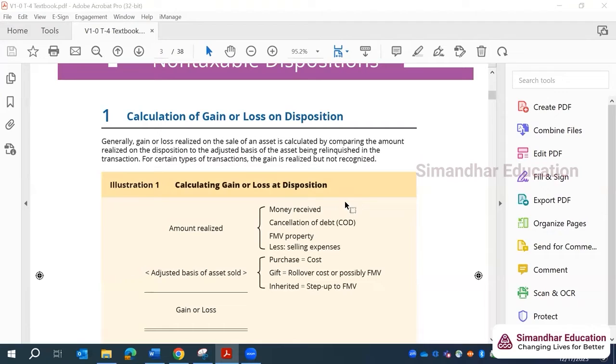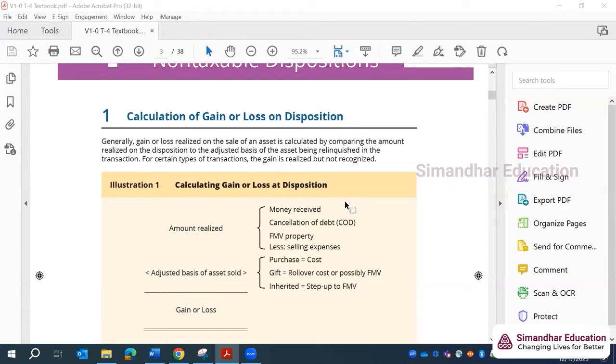Cancellation of debt means you owe someone money and that person has forgiven the debt, or the person who's buying the property is taking over the loan or the mortgage that is on the property. So if you have taken a debt and someone is forgiving that debt for you, that is an income for you.